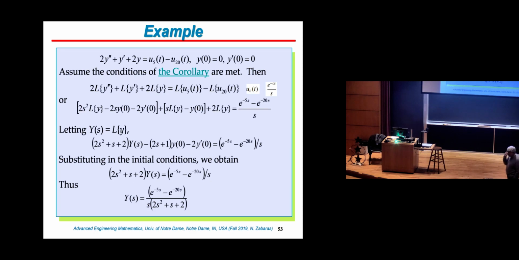And when you see e to the minus something, what does it remind you from another theorem in the first part of the lecture? When you have e to the minus 5s, what does it remind you? So if you multiply the Laplace transform by e to the minus cs, what happens to the function itself?